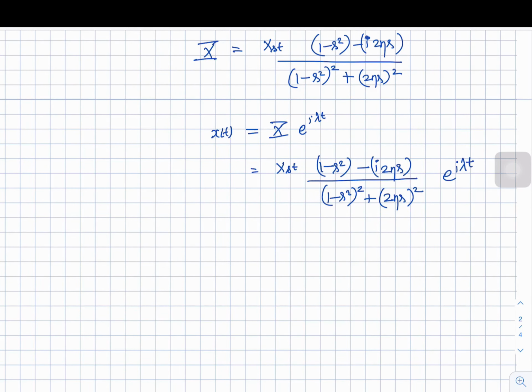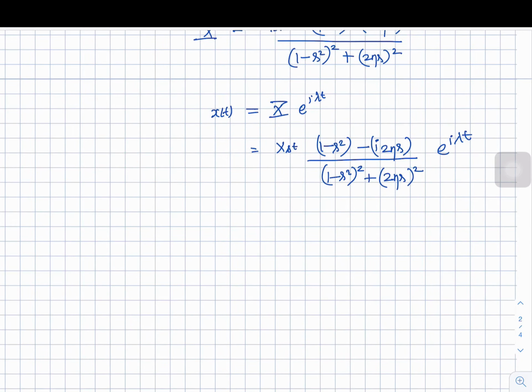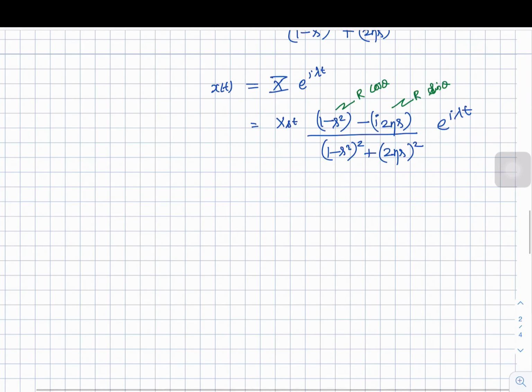So here we can simplify further using this. Assigning the value r cos theta, r sin theta, so this is also r cos theta. So now this term becomes x_st, r of (cos theta minus i sin theta) e power i lambda t.